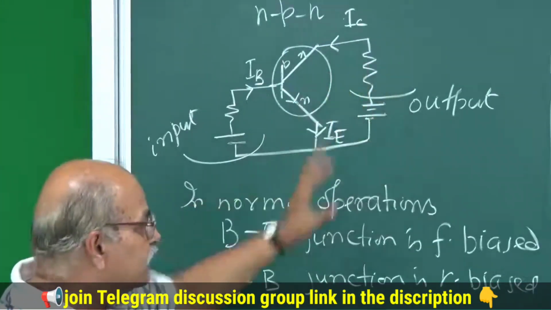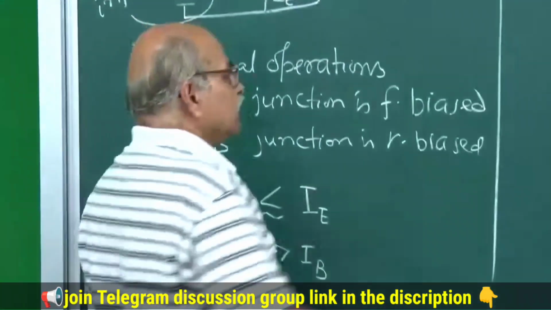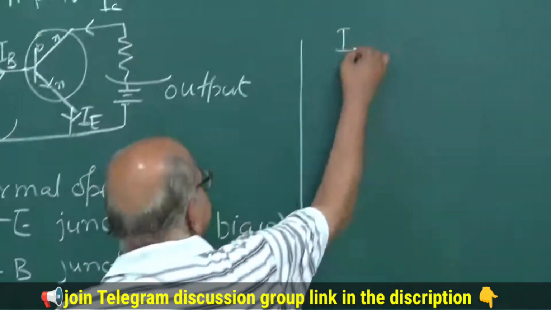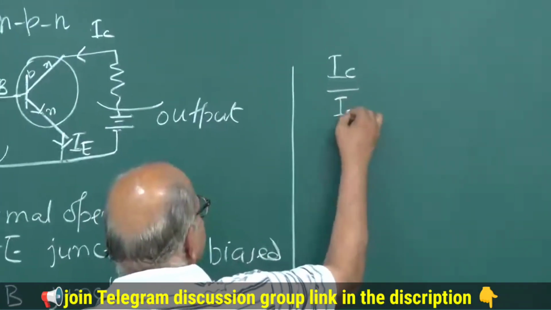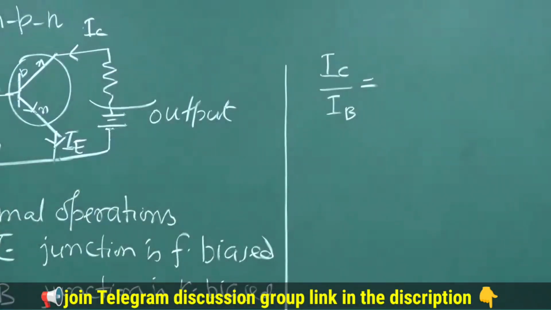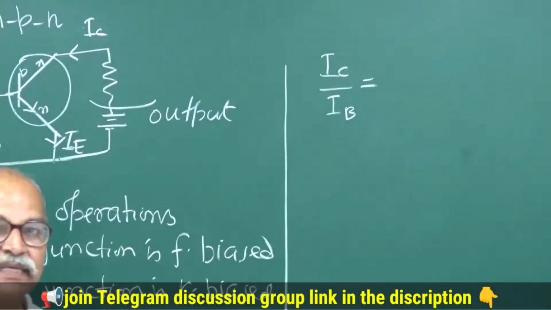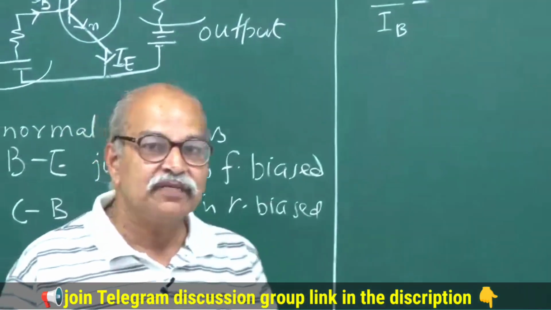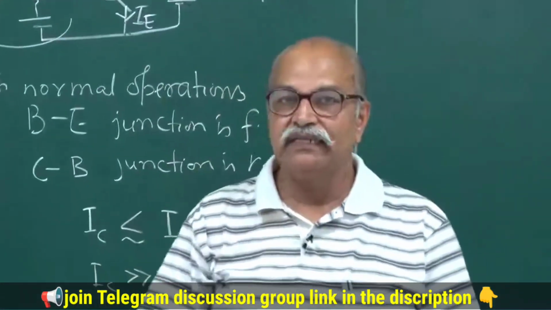Okay. In that case, this ratio IC by IB, this is fixed. It depends on the concentrations of those impurities, it depends on the geometrical parameters, the base is very thin and all that.